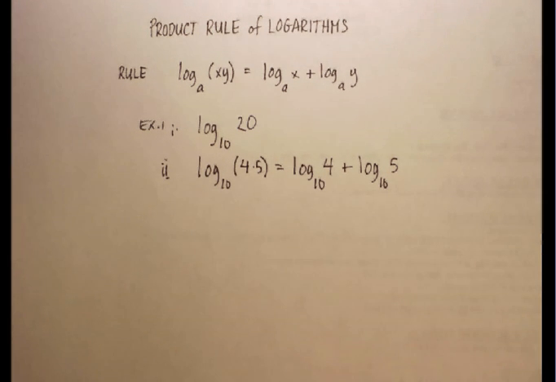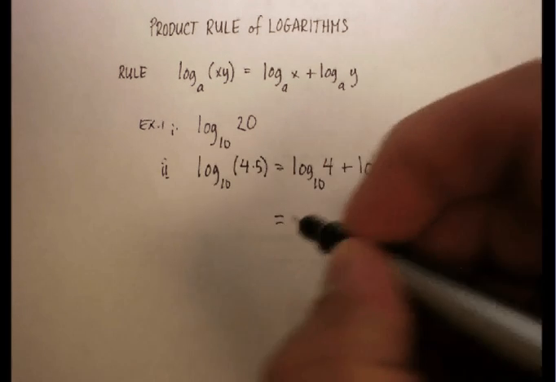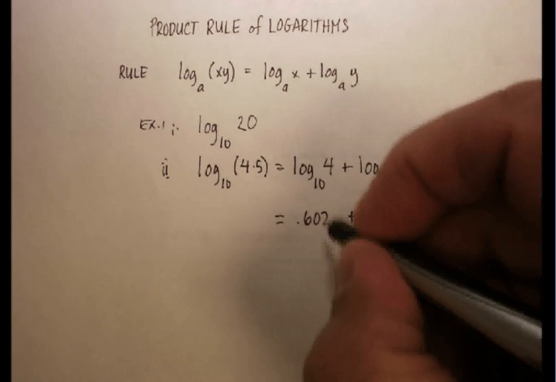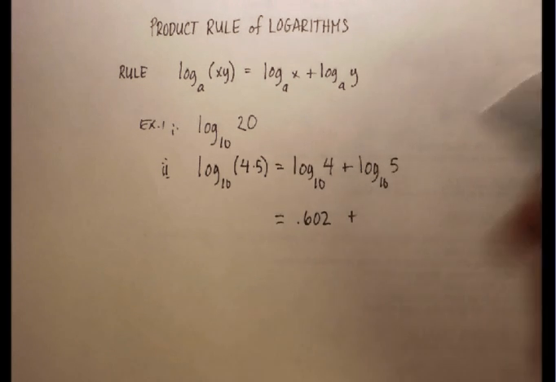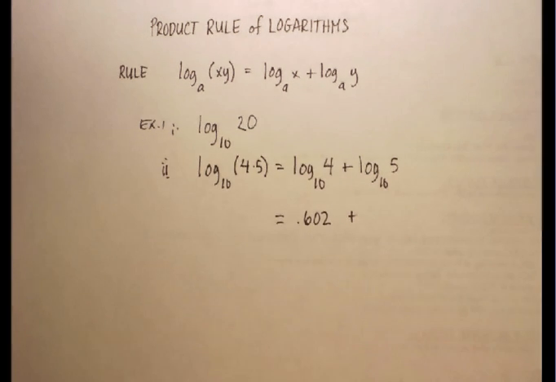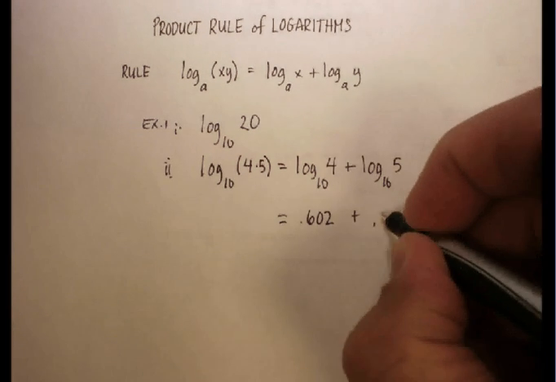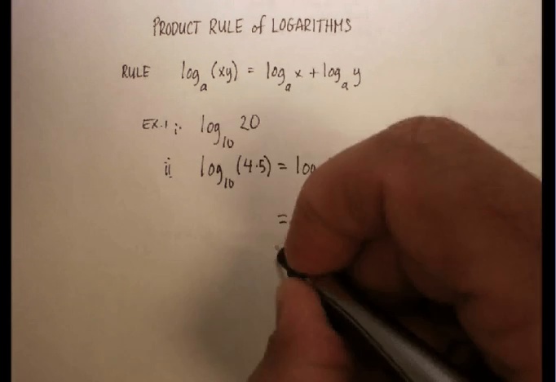So the question is, what is log base 10 of 4? Well, log base 10 of 4 is actually 0.602, twice what log base 10 of 2 is. What is log base 10 of 5? I believe we said it was 0.699, and it is actually 0.699.